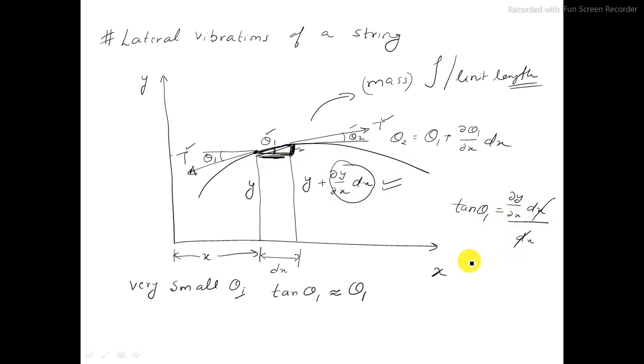So dx will be cancelled out, and we have tan theta 1 equal to ∂y/∂x. This thing we have derived from this small triangle. This we will use further in our derivation.